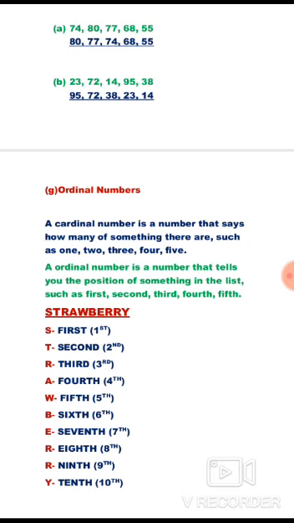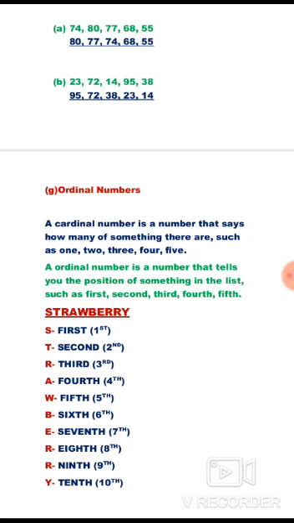B is on the sixth position. Spelling is S-I-X-T-H, sixth. In short form we write 6-T-H, sixth. E is on the seventh position. Spelling is S-E-V-E-N-T-H, seventh. We write in short form 7-T-H, seventh.